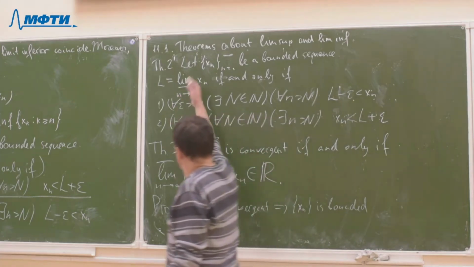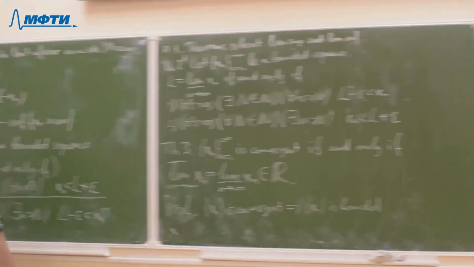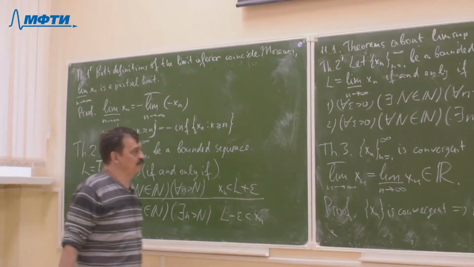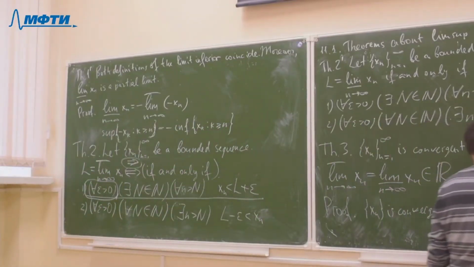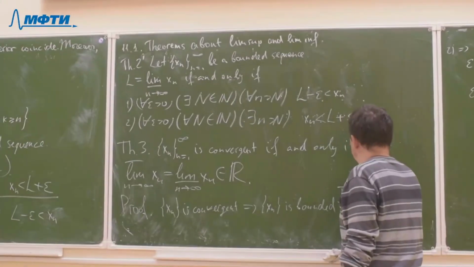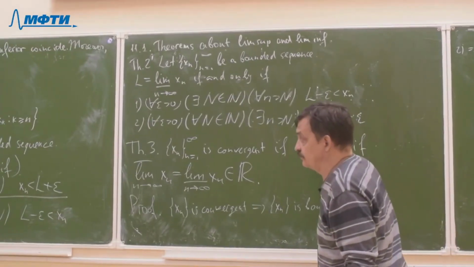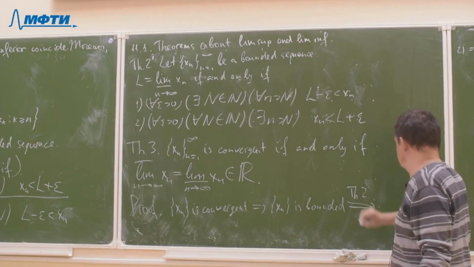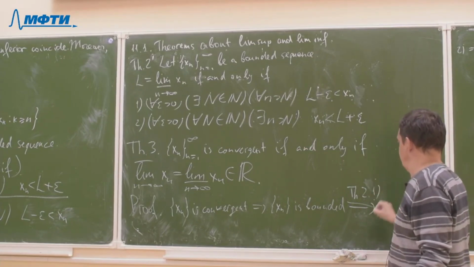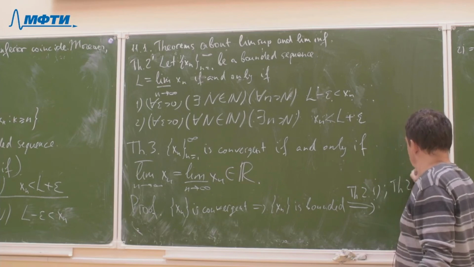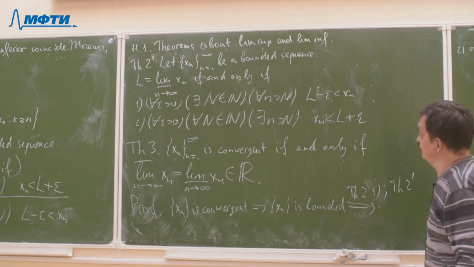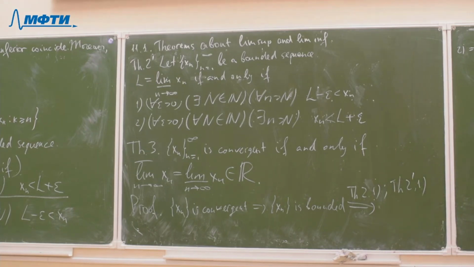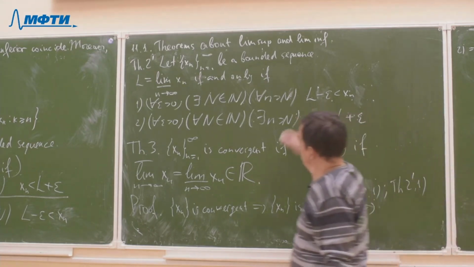So we may use both theorem 2 and theorem 2 prime, first part of theorem 2 and first part of theorem 2 prime also. What they imply, let me write down.